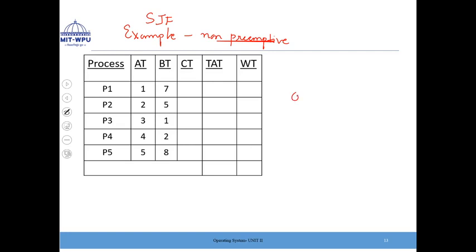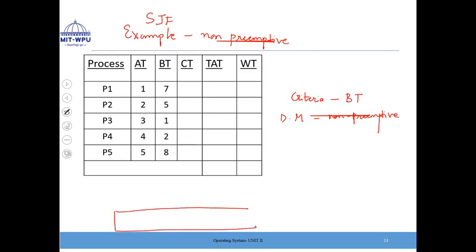As I said, the criteria we are going to consider is burst time, and the decision mode I have given is non-preemptive. This is the example, 5 processes are given with their arrival time and burst time. You have to start with the Gantt chart, also maintain the processes in the ready queue, and then try for completion time, turnaround time and waiting time.